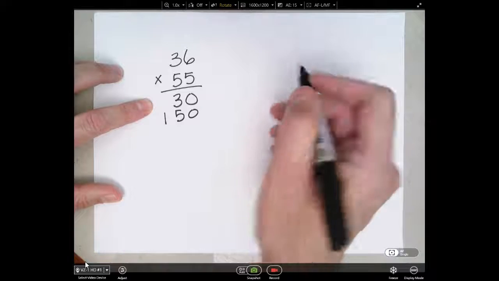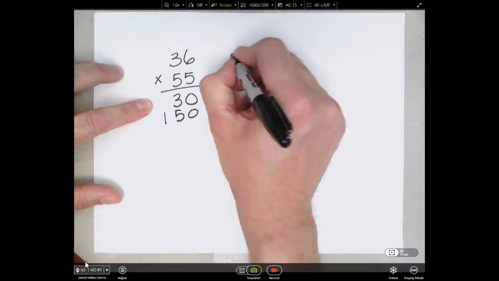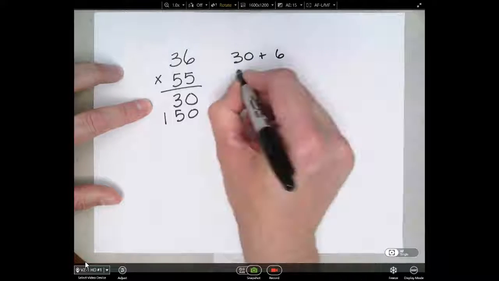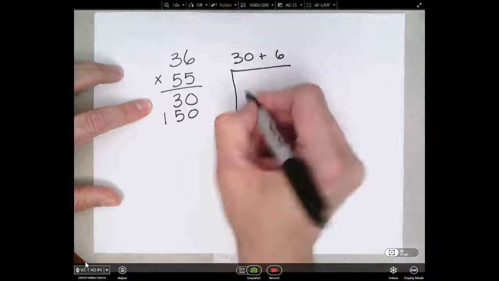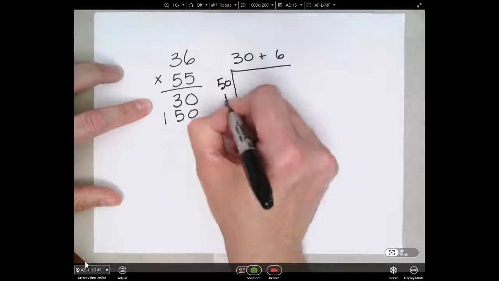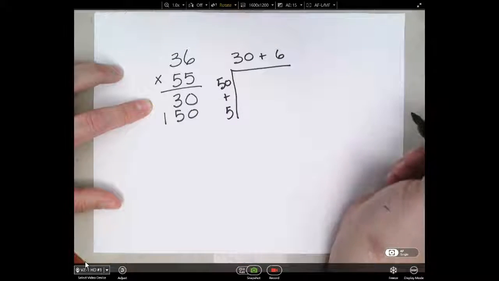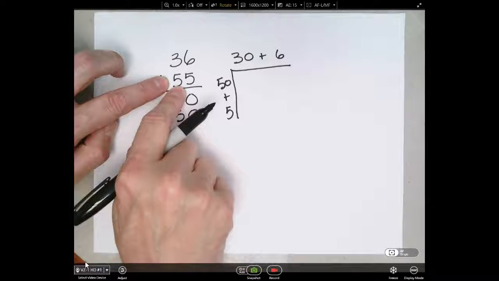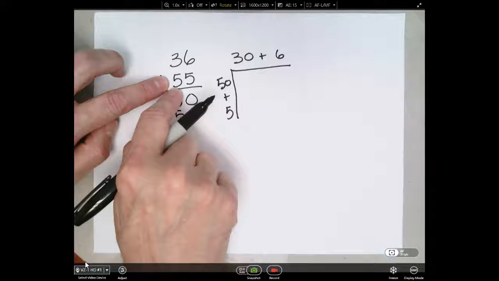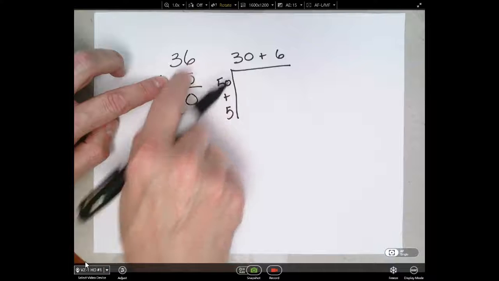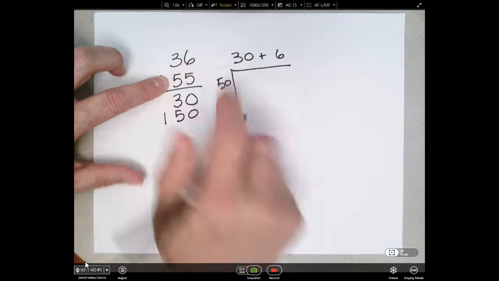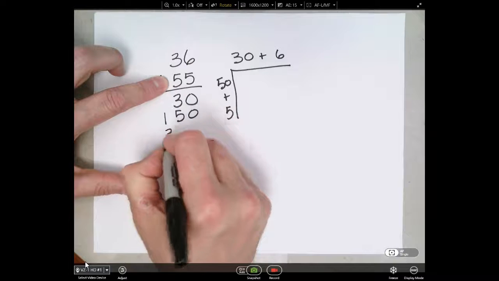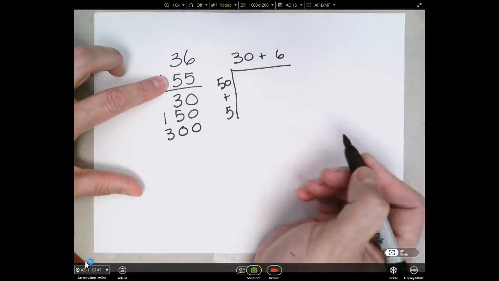So what we've done is basically we're taking these numbers and we're expanding them, making that 30 plus 6, and we're going to make this 50 plus 5. Okay, so then now we're going to multiply by the other 5 here, and that's 5 in the tens place times 6 in the ones place, so we're multiplying across this way, and we get another 30, but it's 30 tens, so it's actually 300.